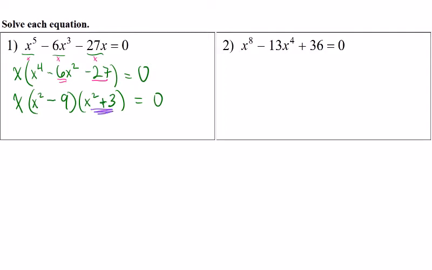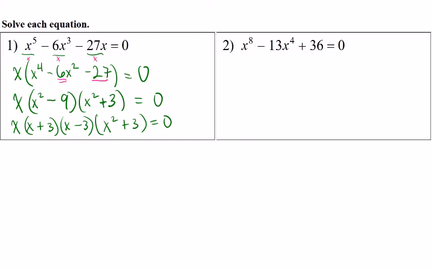This one is not a difference, and 3 is not a perfect square anyway, so I can't do anything with x squared plus 3, but I can do something with the x squared minus 9. So I can turn that into 2. Let me bring down the x squared plus 3. Okay, so I can turn this into x plus 3, x minus 3, right? That's how we do difference of squares.